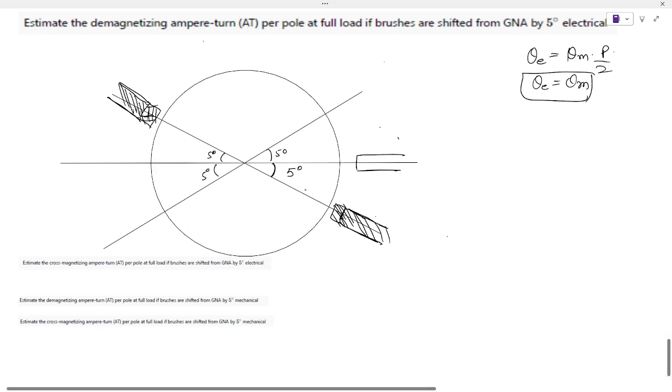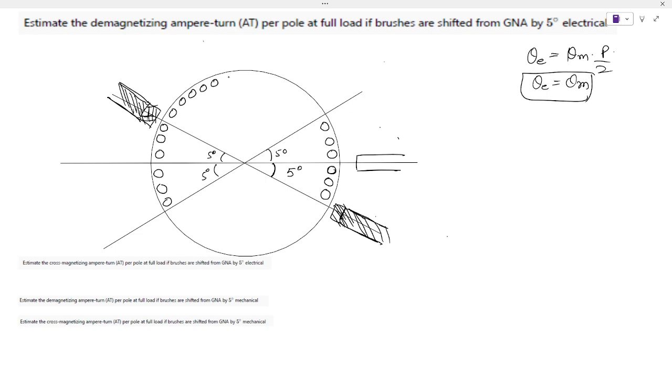Now the conductors under this shifted position will account for demagnetizing ampere turns, and the conductors which are left here will account for cross magnetization ampere turn. Try to visualize this. Are you able to visualize?